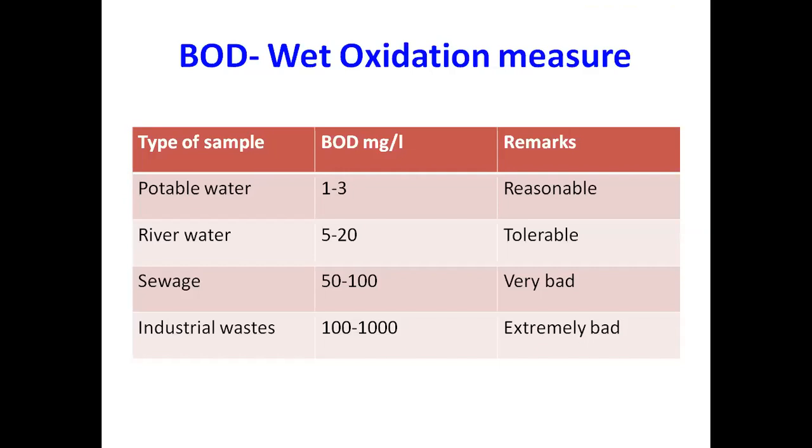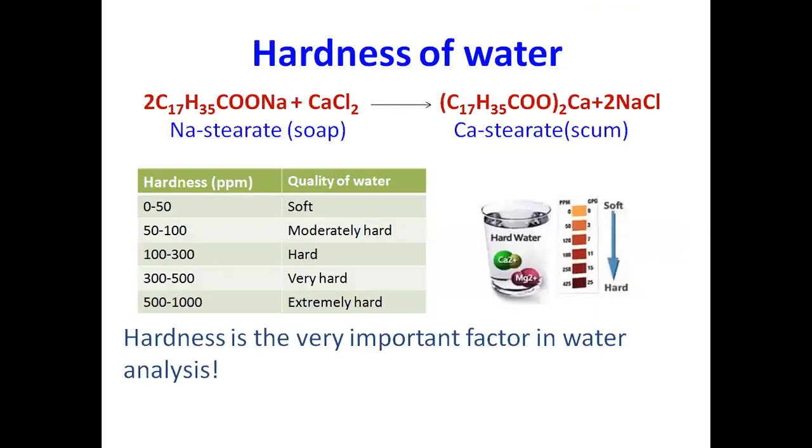So the BOD will be very high, nearly in the range of thousands of milligram per liter. It will demand so much oxygen in order to convert this decomposable matter into stable products. So the remarks show industrial wastewater is highly impure, extremely bad.